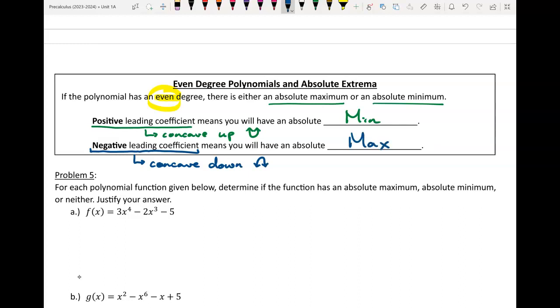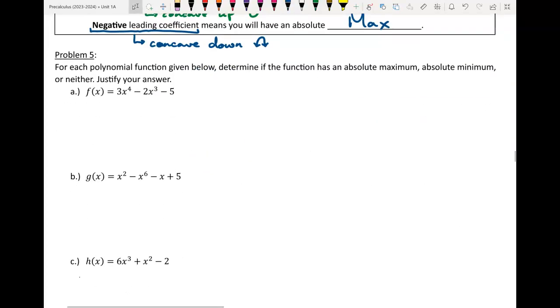It's pretty nice. So let's go ahead and look at problem number 5. We have A, B, C, and D. We want to figure out, do they have an absolute max, an absolute min, or neither, and why? Well, the first one we look at, remember, we want to find our leading term. Here's our leading term. And looking at that information, we can say that we are even and positive, so that would be opening up.